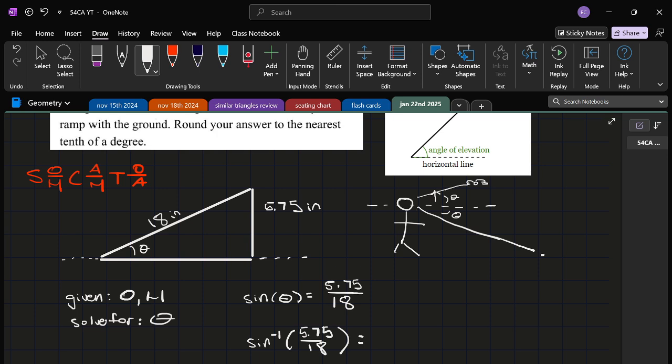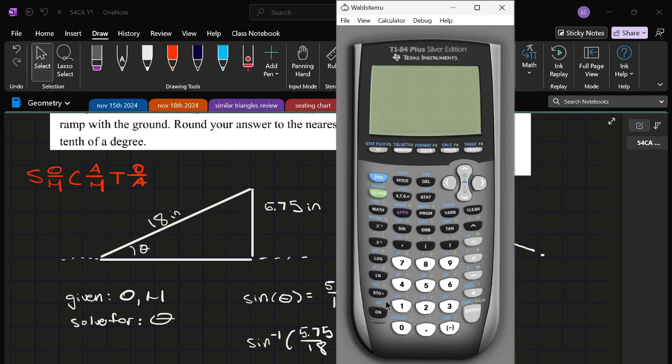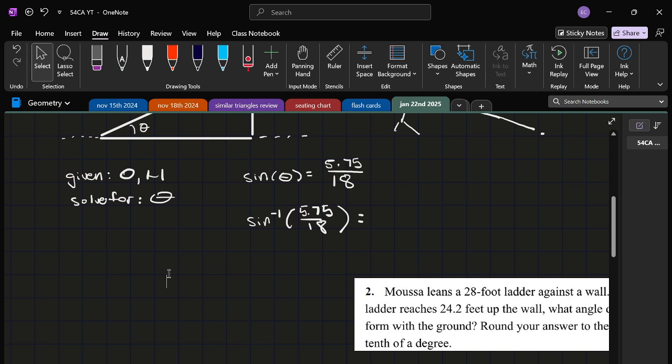And from here, we'll get our answer. Let's plug that in. Inverse sine of 5.75 over 18 is 18.6 degrees. So the angle of elevation is 18.6 degrees.